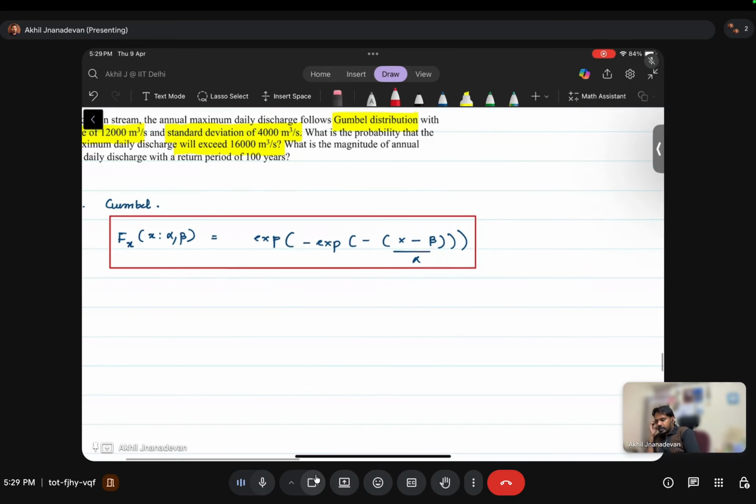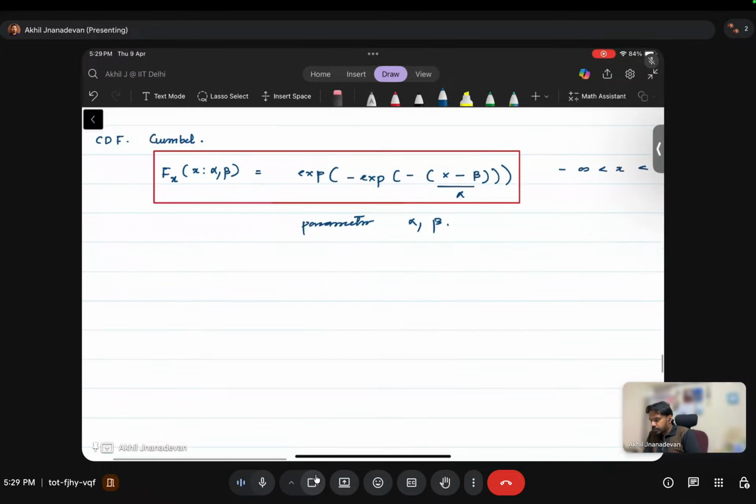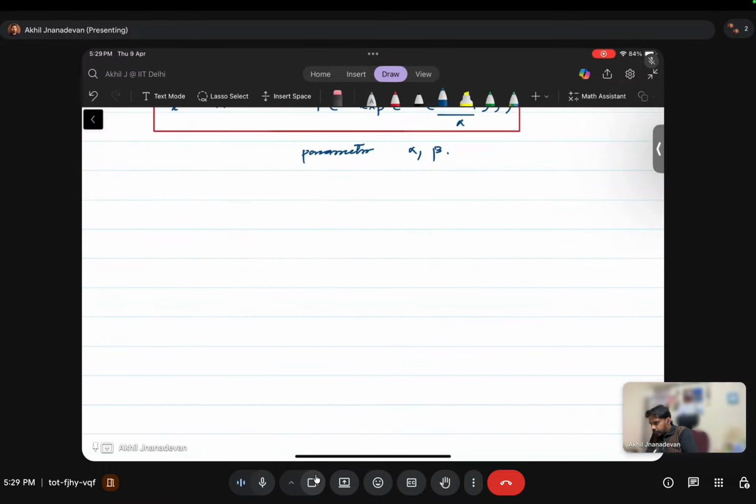Here x can take both positive and negative values, minus infinity less than or equal to x less than or equal to infinity. This is how we define a Gumbel distribution. There are two parameters, alpha and beta, right? There is also a relation we can see.